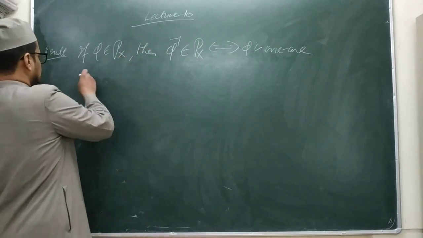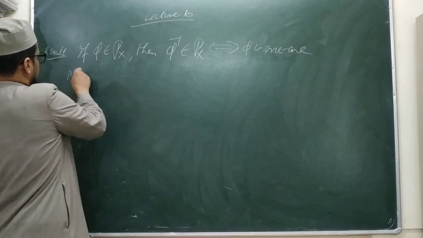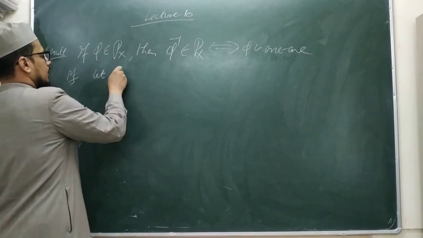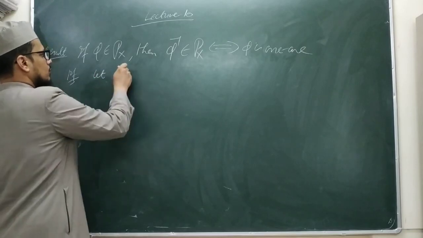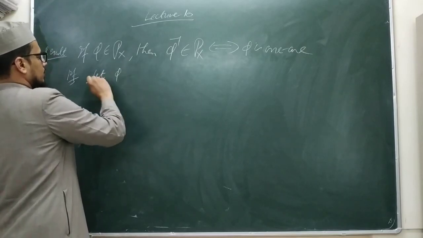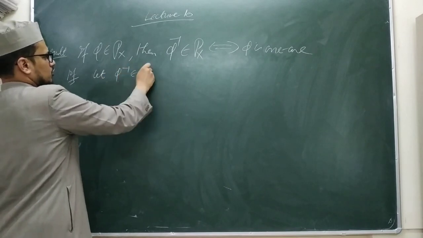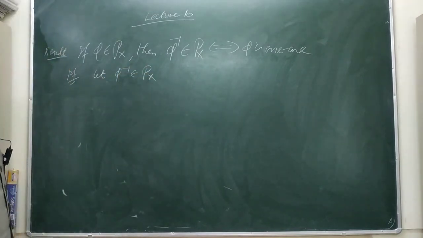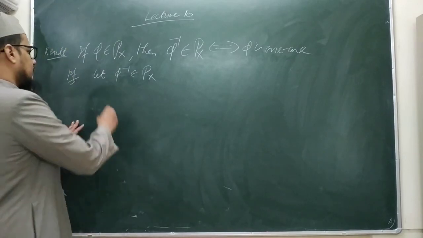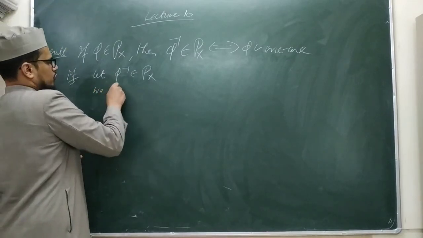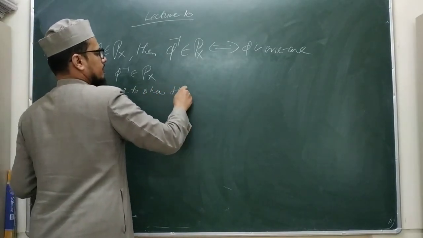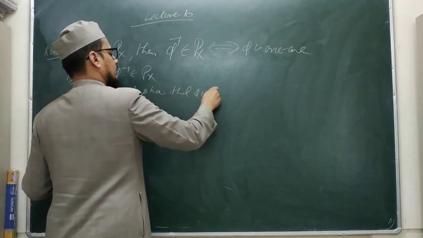So let's start. Let us assume that phi inverse belongs to Px. Correct? And what is our claim? We have to show that phi is 1-1.